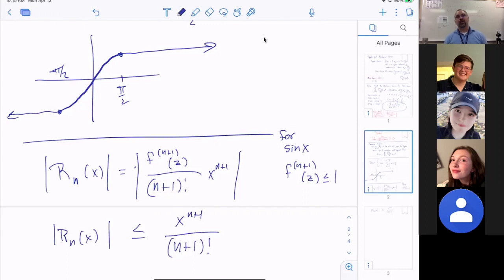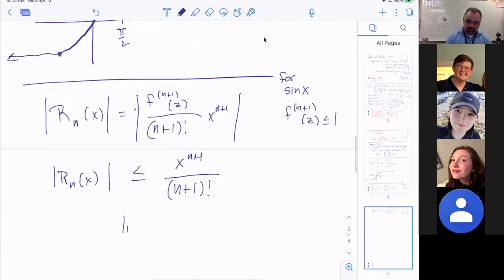And if you go way back to section 8.1, we talked a little bit about the difference in the rate of growth for exponential versus a factorial. And yes, the factorial grows much faster. So we can show that the limit as n approaches infinity of x to the n+1 over n+1 factorial is in fact 0.